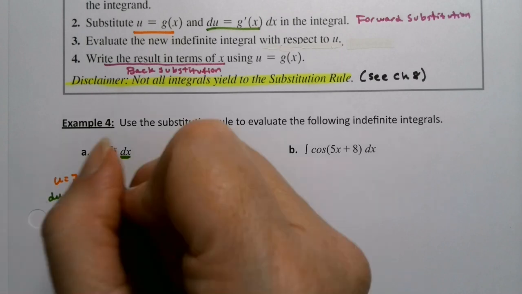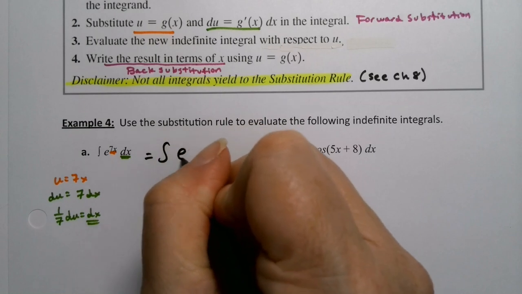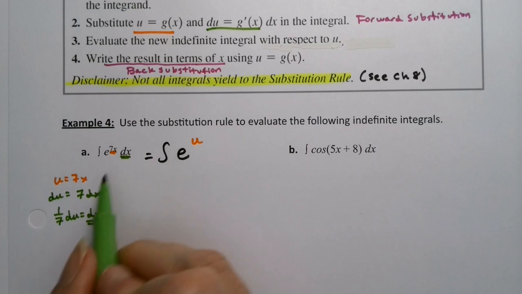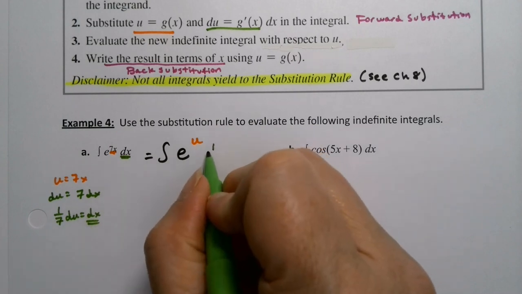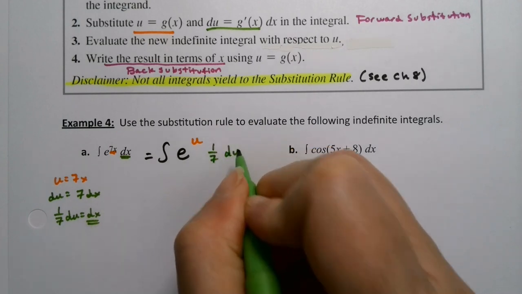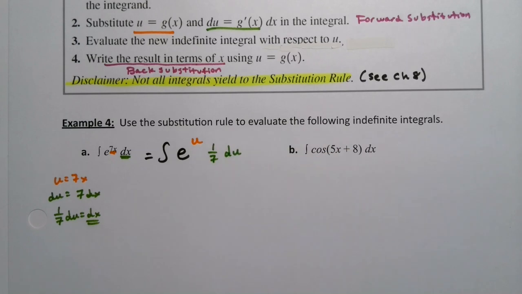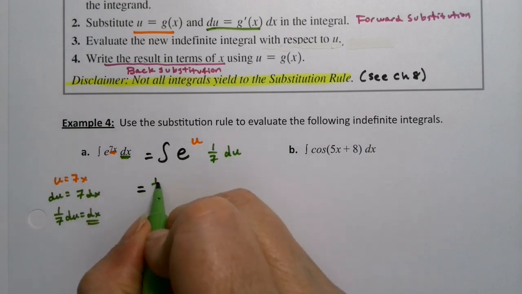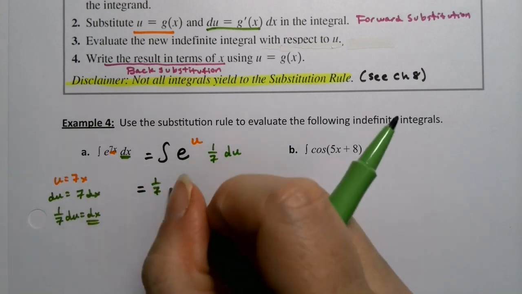So that way when I write the integral, it's e to the u, but instead of dx, I would write what dx is equal to, which is 1/7 du. All right, well, 1/7 can come out in front because we learned a long time ago with constants in integration that we can bring the constant out in front.